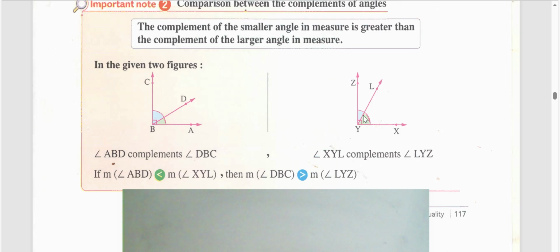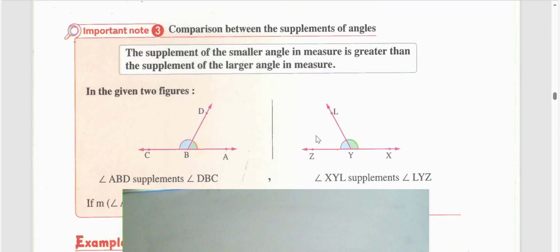Complementary, the summation of them equals 90. The complement of the smaller angle in measure is greater than the complement of the larger angle in measure. Inverse relation, the inverse, okay? If green here is greater than green here, then blue will be less than blue. The inverse, change the inverse. The remainder will be the inverse.